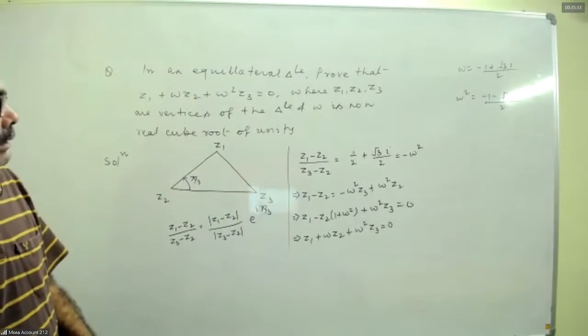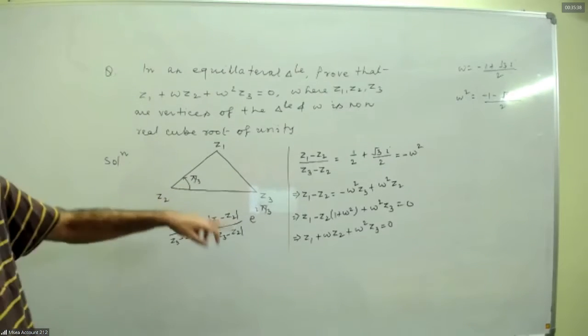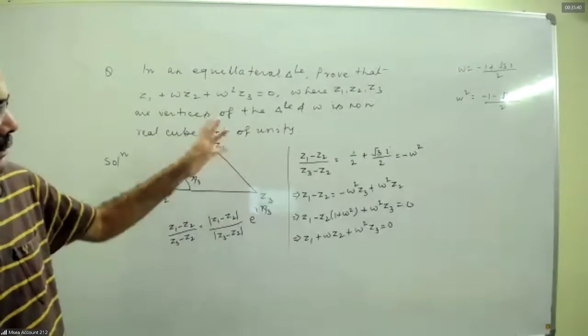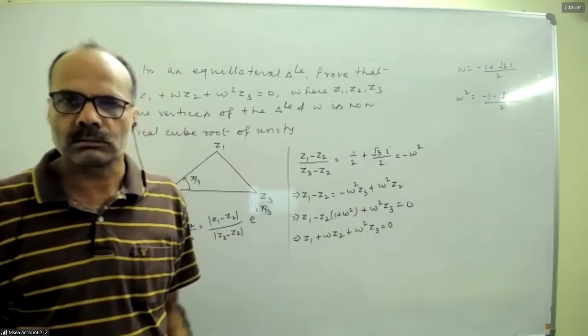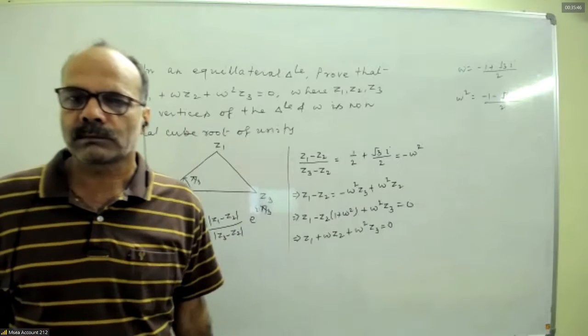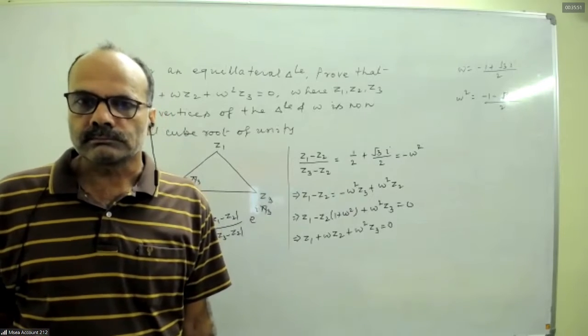Any doubt here? You can establish the same result about this angle or this angle. You may get Z1 plus omega square Z2 plus omega Z3 equal to 0. Same thing, that is also true.